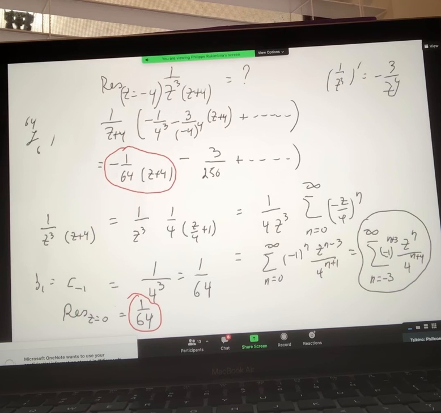So the coefficient of z plus 4 to the negative 1 is negative 1 over 64.